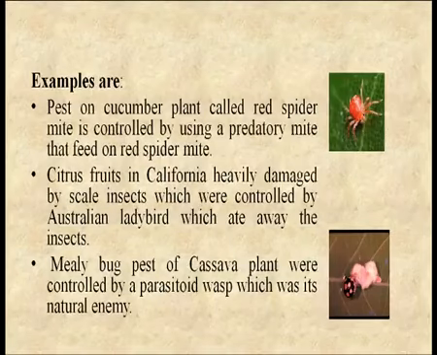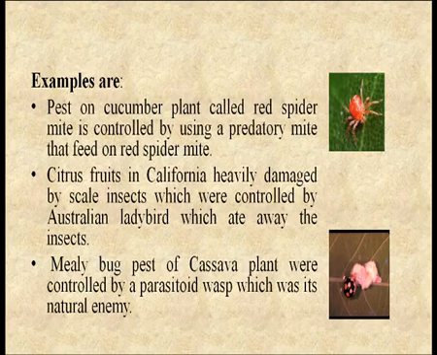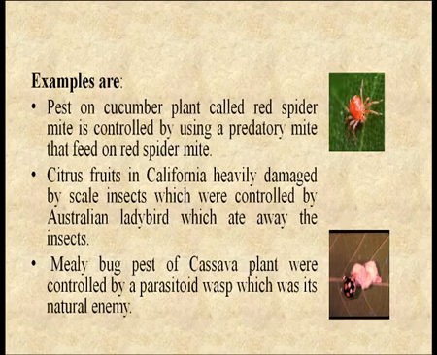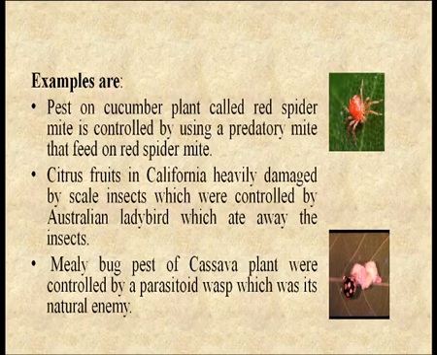Examples are: first, a pest on the cucumber plant called red spider mite is controlled by using a predatory mite that feeds on red spider mite. Second, citrus fruits in California heavily damaged by scale insects were controlled by the Australian ladybird, which are Aveda insects.